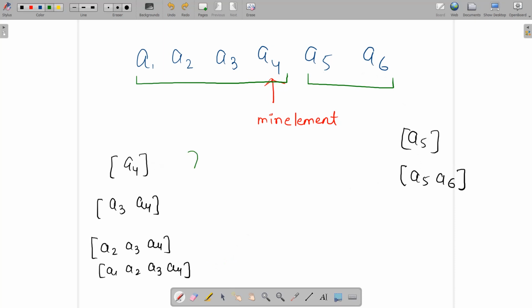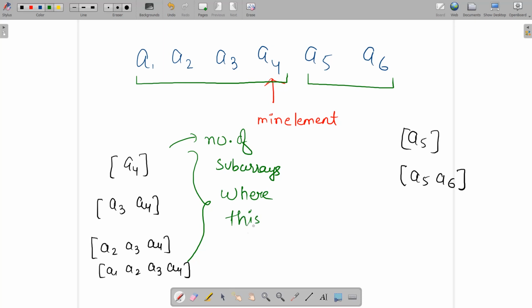Now for each subarray that lies in the left partition, I will need to find the number of subarrays where this sum goes to.